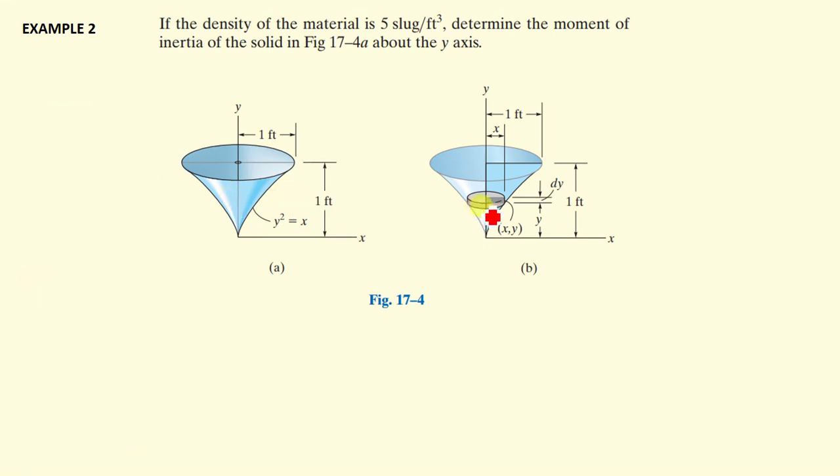Because this one will be growing. Here it has this radius, on this part it's going to have a different radius, and then finally on the other part it's going to have a different radius, and then you integrate.